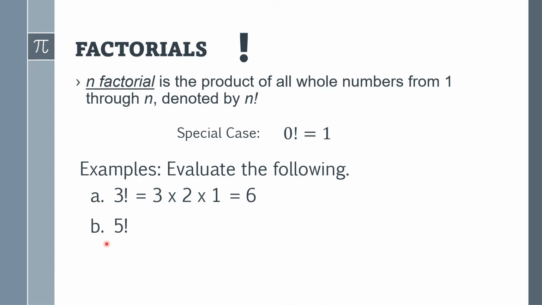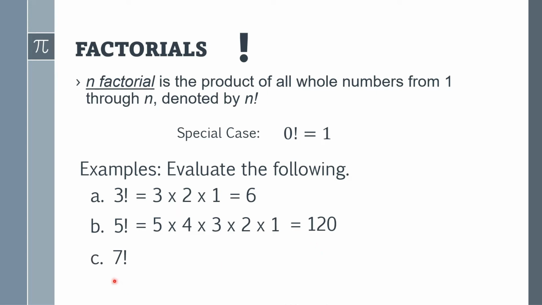Letter B, 5 factorial. What is the answer for 5 factorial? Same with letter A, we will just get the product of the following numbers: 5 times 4 times 3 times 2 times 1, which will give us 120. 5 factorial is equal to 120.